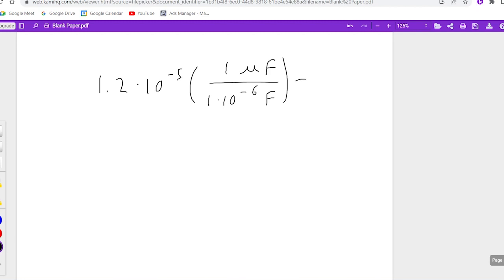If you plug this in your calculator, you would get just 12 microfarads. So that's another answer if you want to do it that way as well. Any questions on 23? Okay, on to number 24.